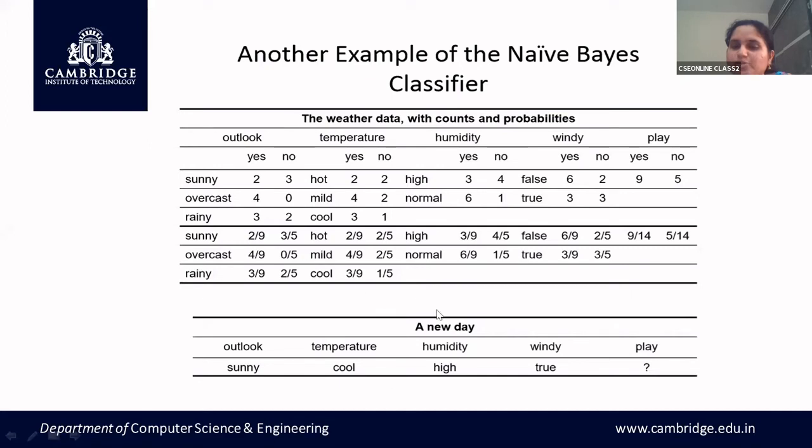Now that has to be multiplied with your decision yes. Assume for the first time the decision is yes. So 1.22 multiplied by 9 by 14. Similarly, do it for 1.22 multiplied by 5 by 14. What are the answers?